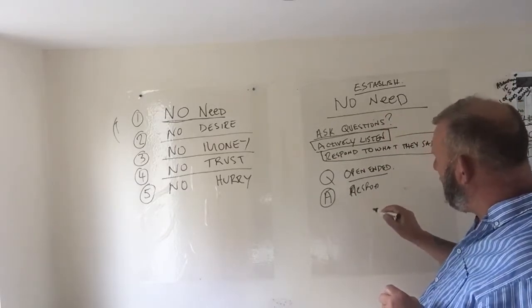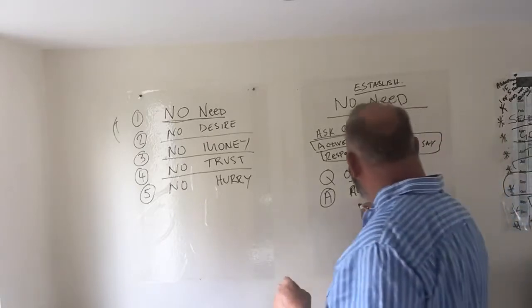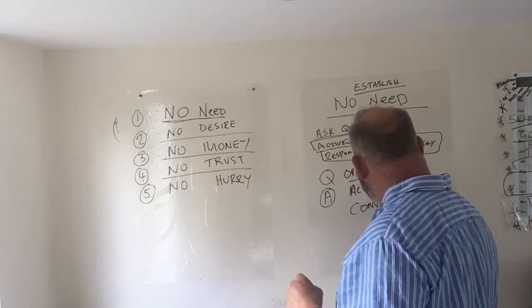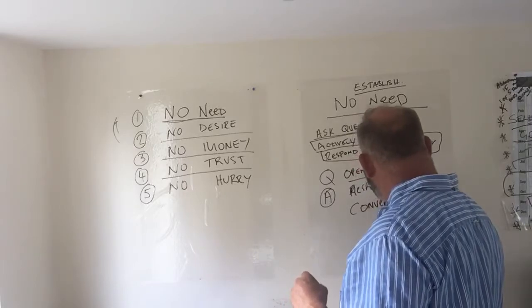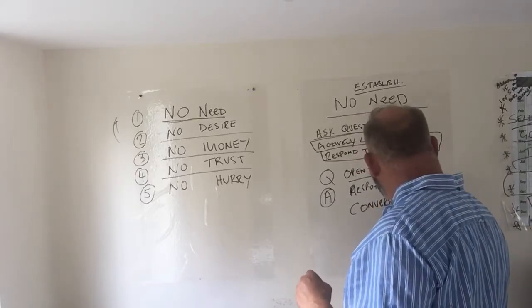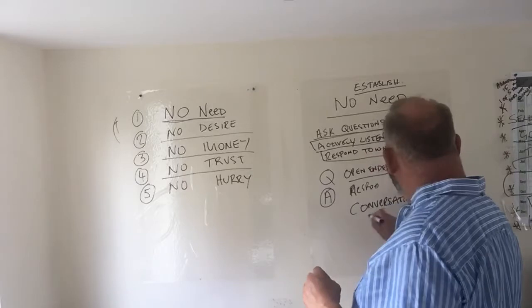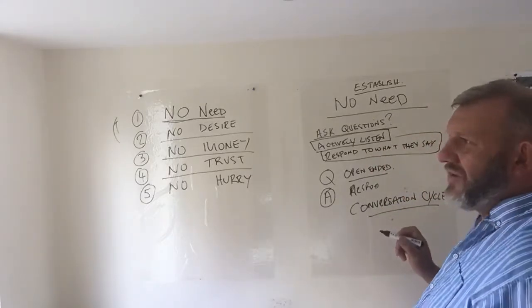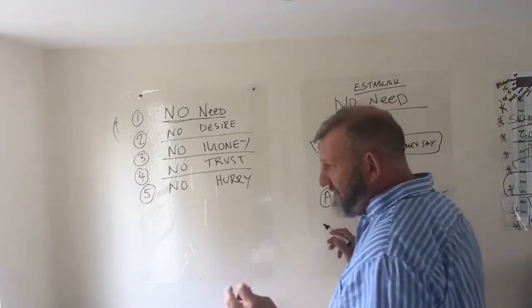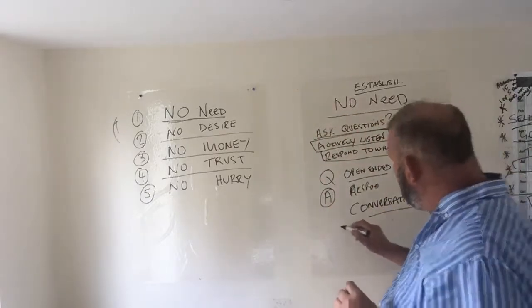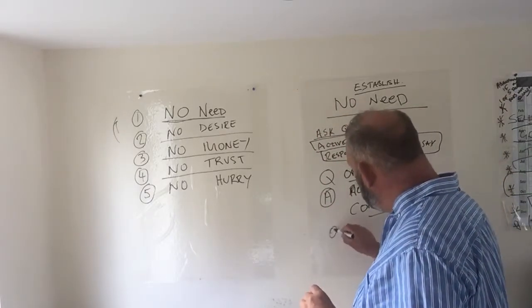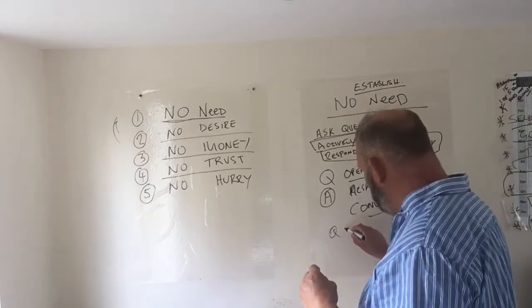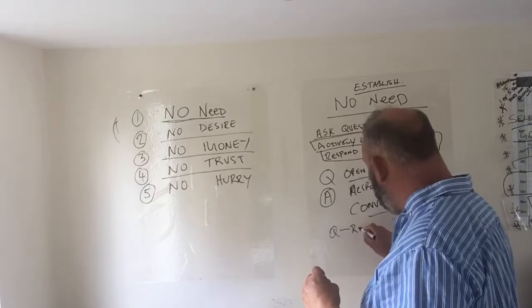So this is what we call the conversation cycle. In the old days, we used to call it agree, answer, close. These days, we ask a question, we wait for the response, so the client responds.